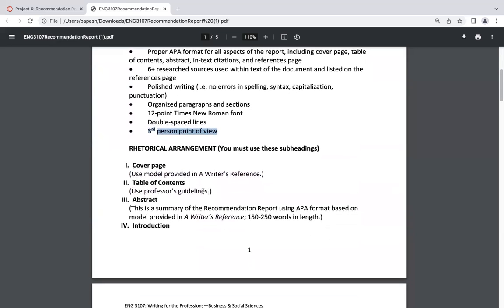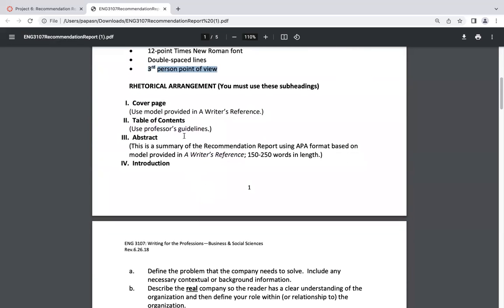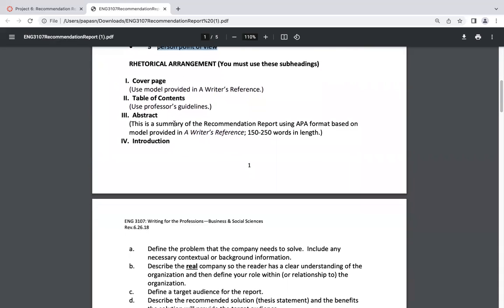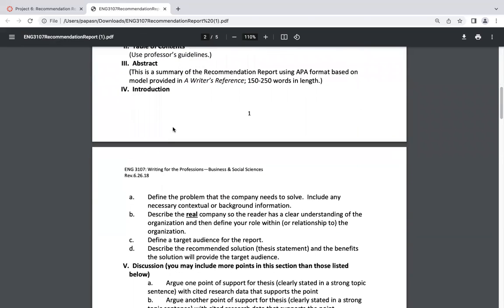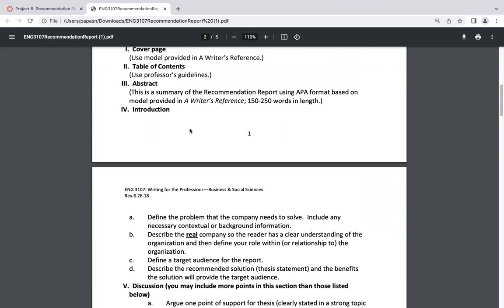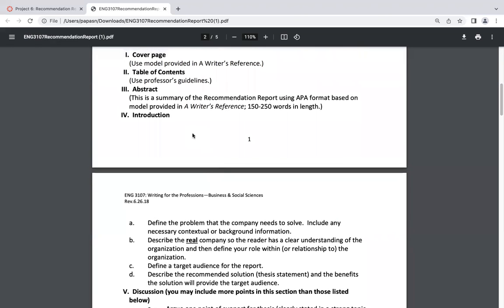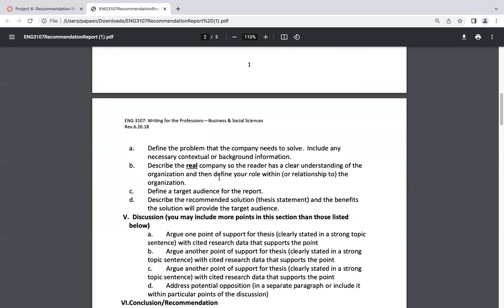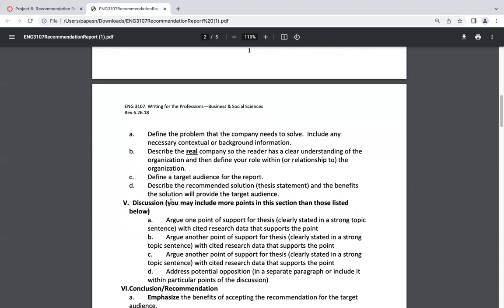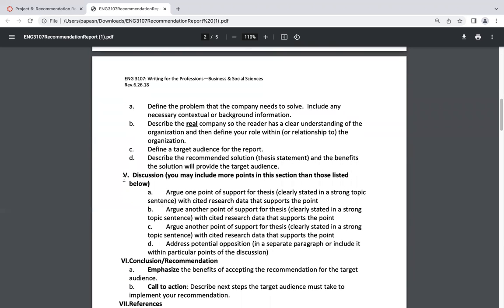There is a basic setup for the rhetorical arrangement as indicated here, so please do use that. It's really not that detailed. Yes, a cover page, table of contents, abstract, an introduction, the discussion section, which is really the heart of the paper.